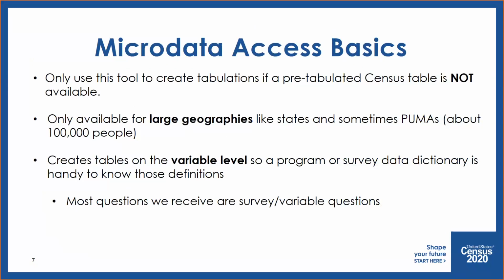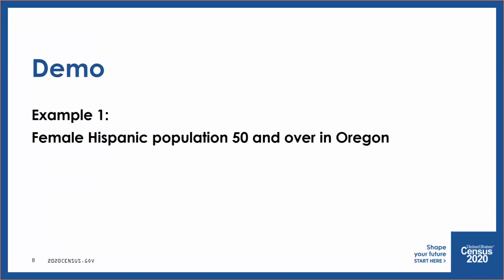This is very confusing to a lot of people, especially if you're used to our tables. It's not the same. It's based on the variables that then create the tables. So having a data dictionary or something from the program area to give you more information about those variables and definitions is really, really helpful. A lot of the questions that we have are just variable questions.